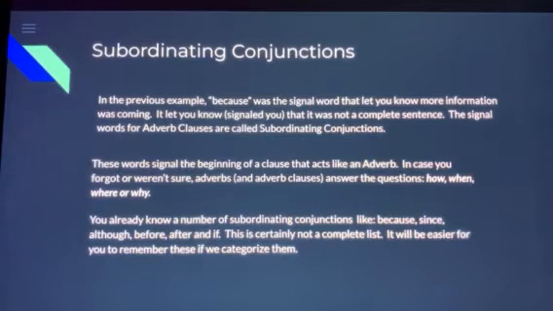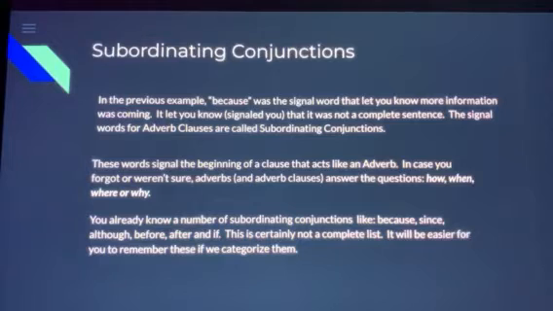Just like if your friend walked up to you and said, because I'm tired, when you hear the word because, you know you're waiting for more information. It signals you, whether it's written down or spoken to you, because I am tired, you're waiting for the second half of the information.